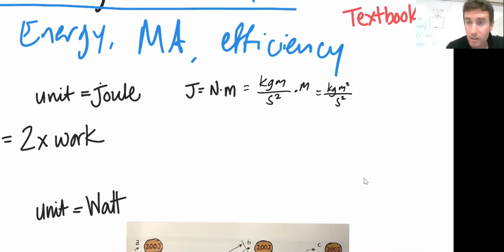So all of these units are the same thing. We're always going to convert them down to the simplest version, which is joule. Joule is our nice simple version because it's much easier to say than kilograms meters squared per second squared.